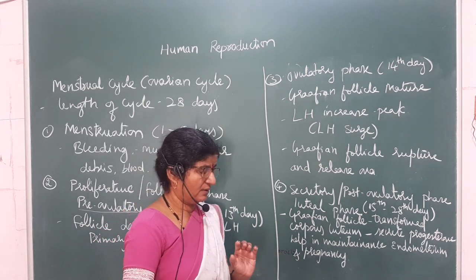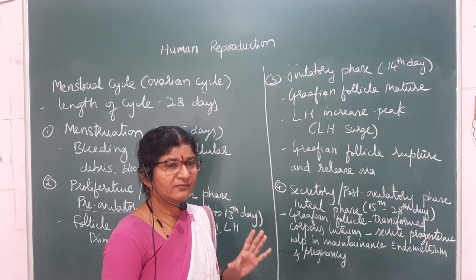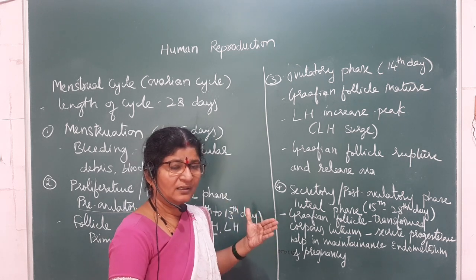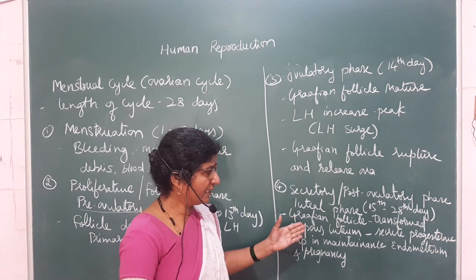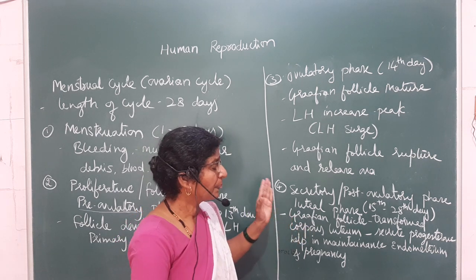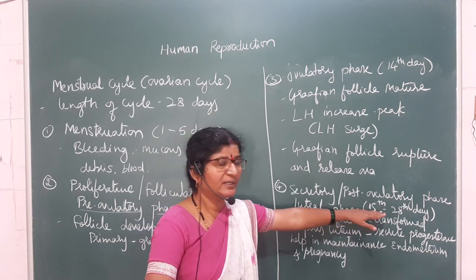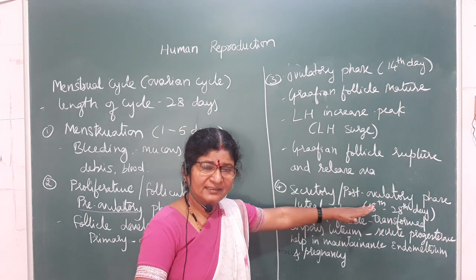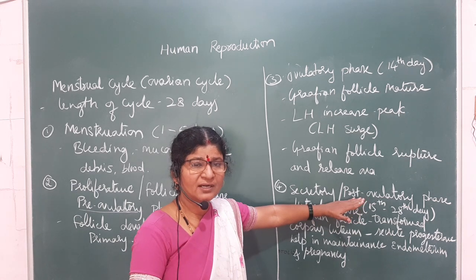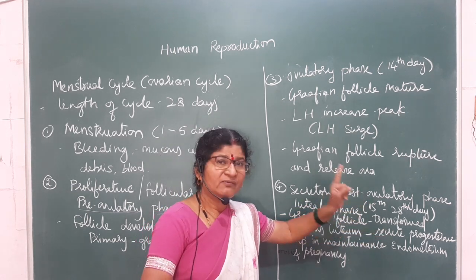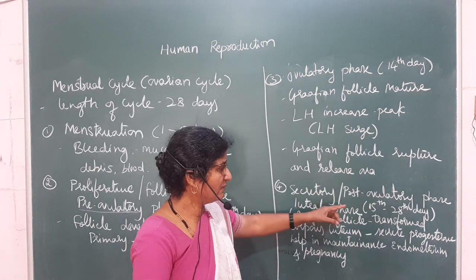So if pregnancy does not result, the progesterone will support the endometrium for up to 28 days. Till that time, if implantation does not result, the progesterone level will start falling.